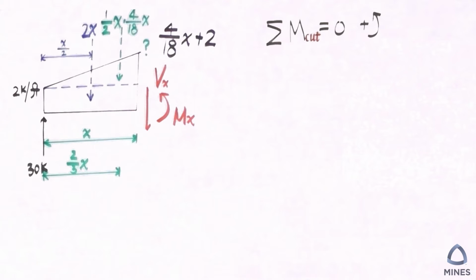So we have 30 multiplied by X, then the rectangle load multiplied by X over 2, and the triangle, which is 1 over 2 X times 4 over 18 X. I highly recommend you mark this as the force to remind you we still need to multiply by a distance, otherwise it's not calculating moment.